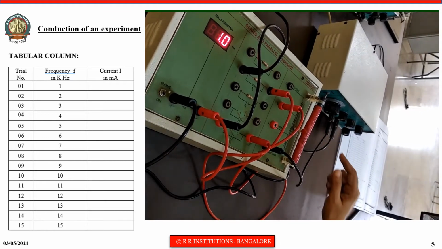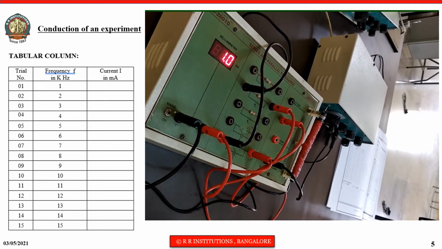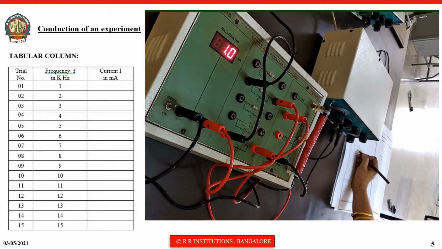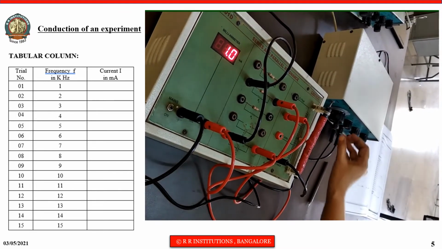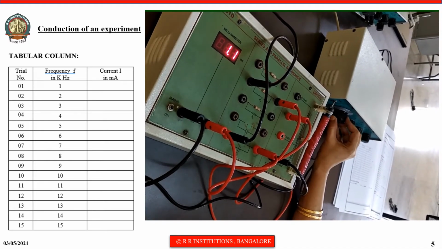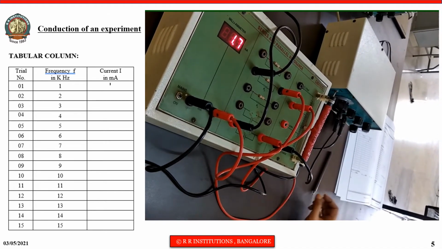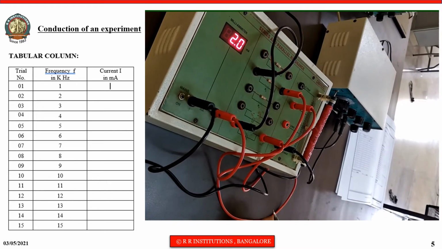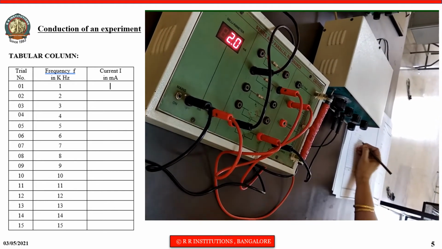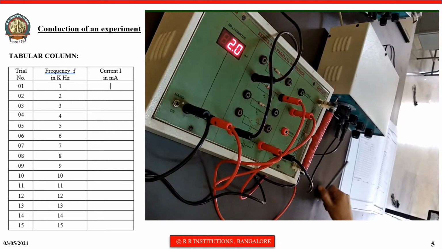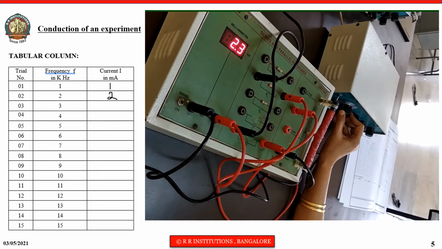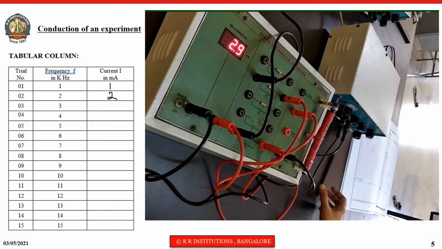For 1 kilohertz the current we observe is 1 milliampere. For 2 kilohertz the current reading is 2 milliampere.